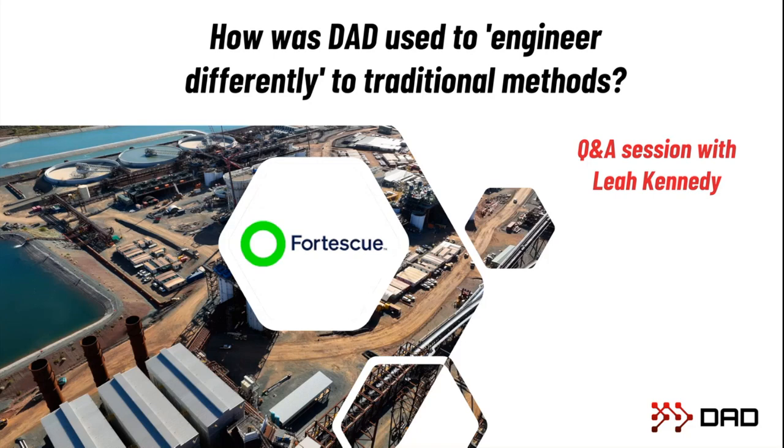I tried to get some figures for us so we can understand the scale: approximately 50,000 cables, 30,000 instruments. We're talking very large scale, and we produced very little outputs from DAD. The majority of people were given access to the DAD model, and everybody referred to that for their information.